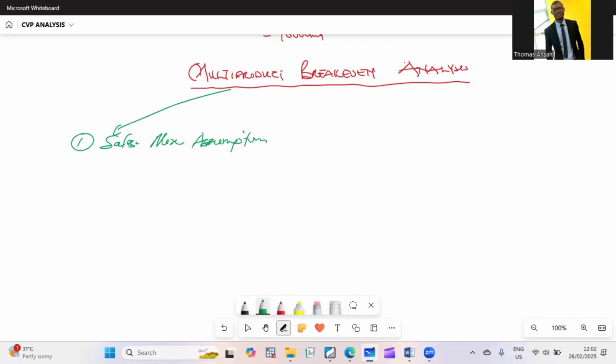For a multi-product, this analysis will be determined by the sales mix. I mean, the proportion of each product in the total sales.